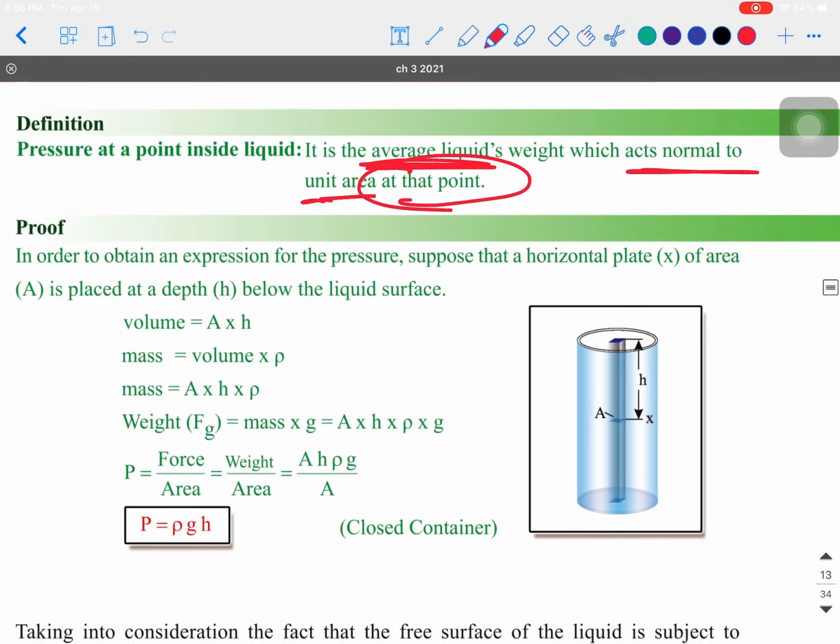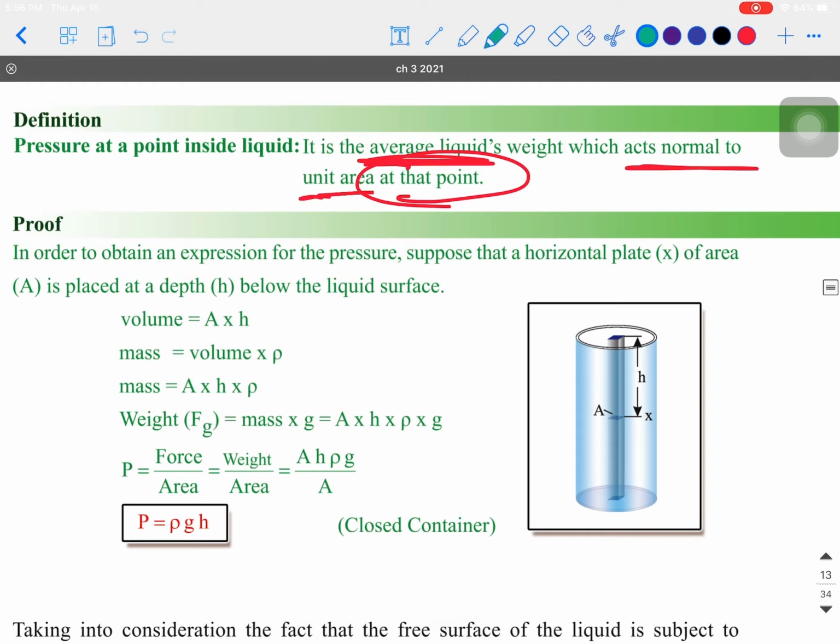Okay, to make it much easier, we have to derive a formula to make it easier for someone to calculate the pressure at a point inside the liquid. We are going to have a horizontal plate X of area A, at depth H below the surface.